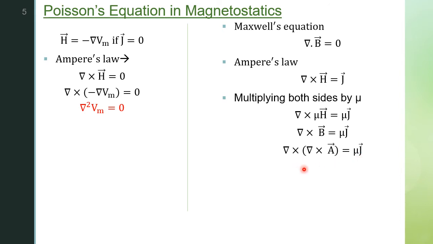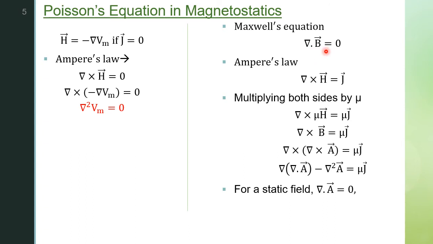Now the curl of the curl of a vector can be expressed as del into del dot A minus del square A, and that is equal to mu into J. The divergence of the magnetic vector potential, for a static quantity, will be equal to 0.